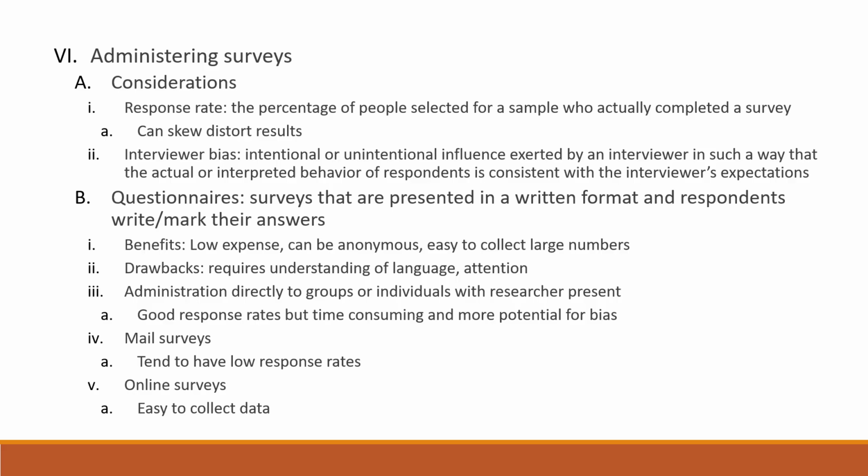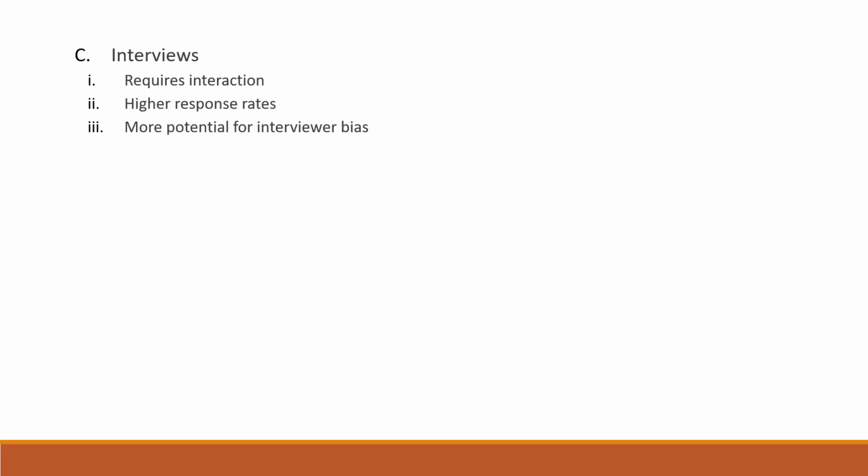And online surveys provide an easy way to collect and analyze data, but they might not work for everyone. You might only receive responses from those with internet, having a device, and those with an understanding of technology. So this does tend to skew younger with a slightly higher income.